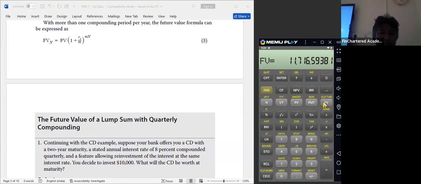Okay, 11,716. That's done. Now, instead of this, if I had kept n as 2 itself, and I had kept I/Y as 8, my PV remains at 10,000 and my PMT remains as 0.